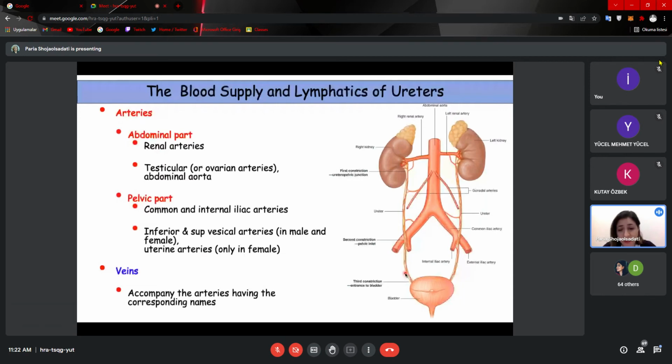Sometimes the artery that supplies blood for the ureters comes from the uterine artery, which we talk about in the female genital system. It's the artery that supplies blood for the uterus. The veins are the same, accompanying the arteries and having the corresponding names, but they collect in the reverse direction to the inferior vena cava.